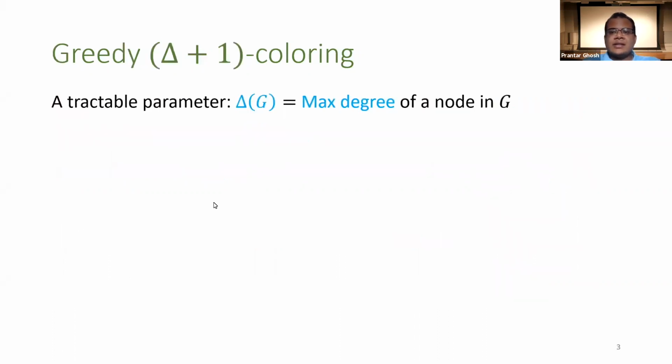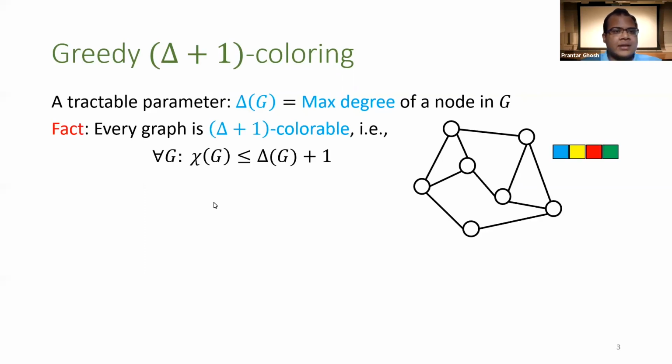Given this hardness, a natural approach is to color the graph using a more tractable parameter like the max degree of a graph, which is denoted by delta of G. It is known that every graph is delta plus 1 colorable, and a very simple greedy algorithm achieves this coloring. So in the graph as I have shown here, its maximum degree is 3, and so we can color it with four colors in the following way.